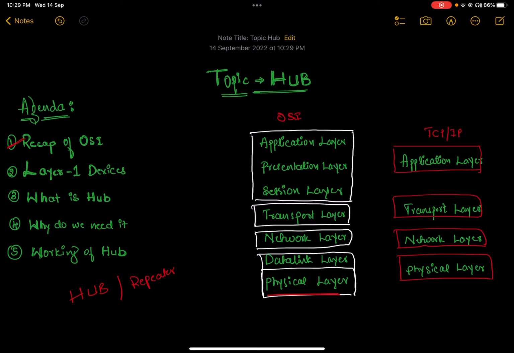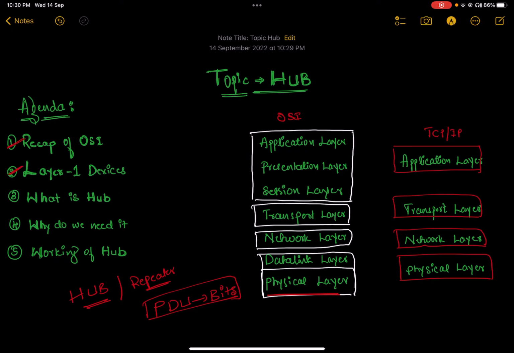For the physical layer, the PDU, protocol data unit, is bits. The devices that fit into the physical layer, like we discussed, hub and repeater, work on bits. This is just a recap once again. So in layer 1 we have a hub and a repeater as the devices present in the physical layer.